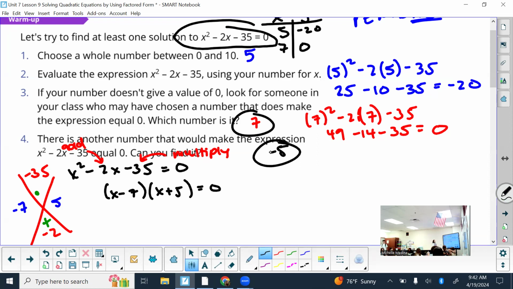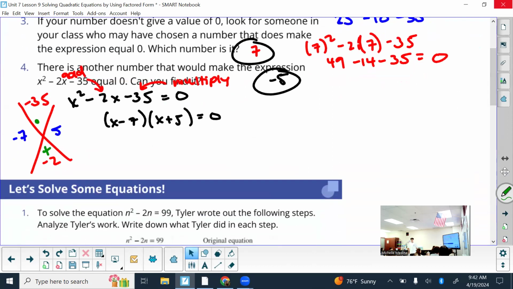All right, does anyone remember what we would normally do to continue solving from here? So these are all things we've learned before, now we're just putting them together. If I have 2 factors that multiply to give me 0, what is true about one of the numbers?